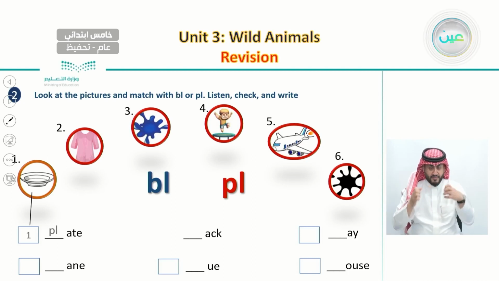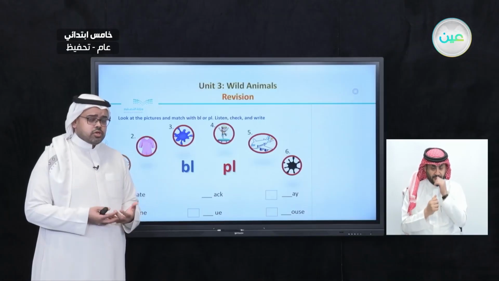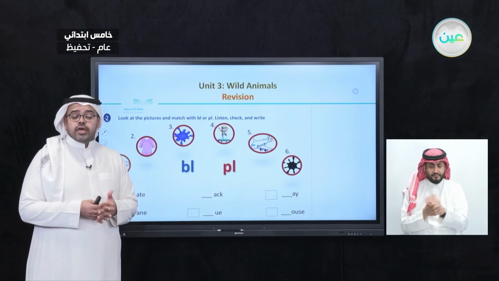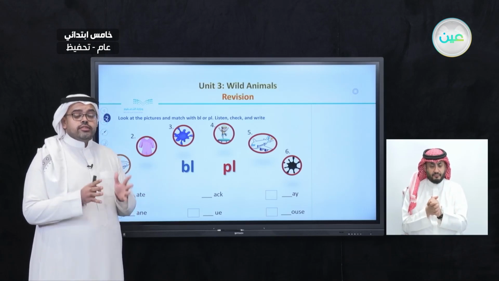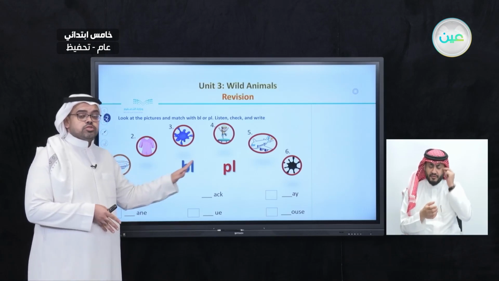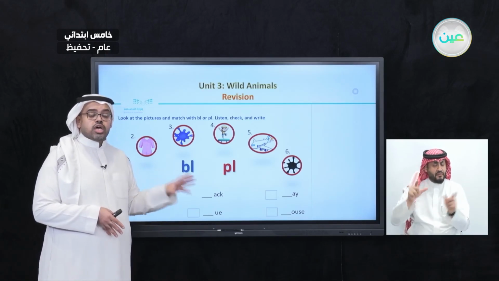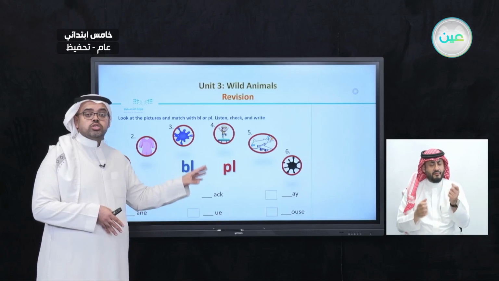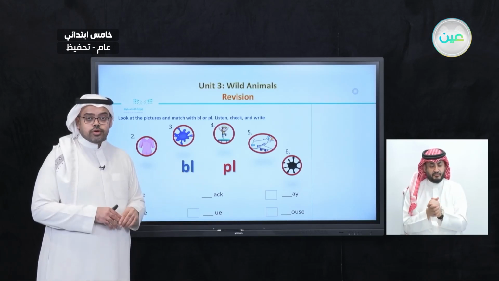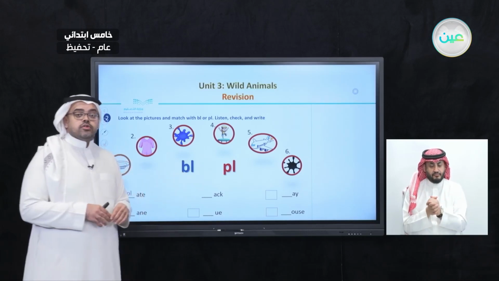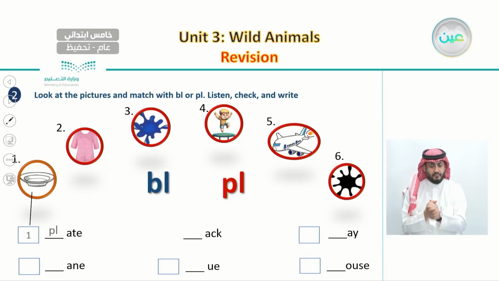So what we're going to do now, just to make a quick revision on our last lesson, is decide which pictures match these words, and then which sounds can be written to complete the word. We did the first example. As you can see here, we have 6 different pictures, and we need to match them with their words.